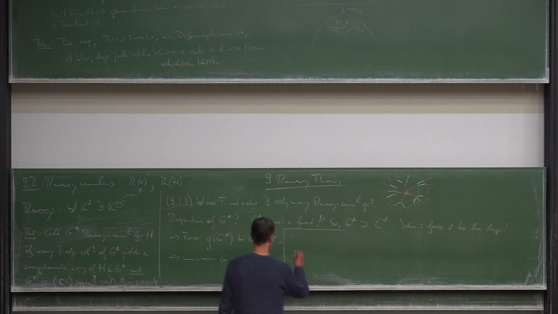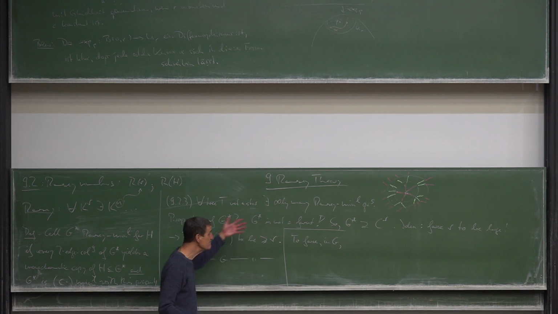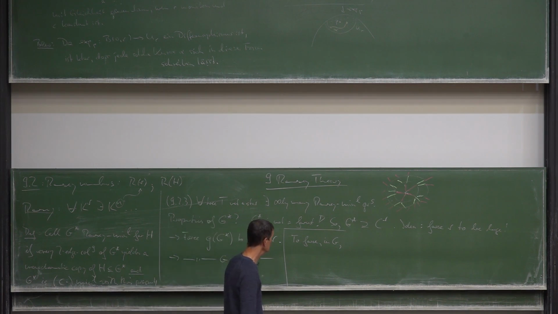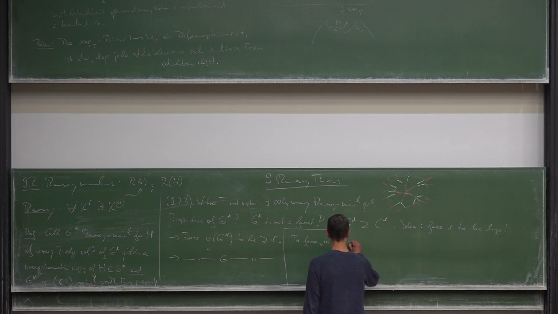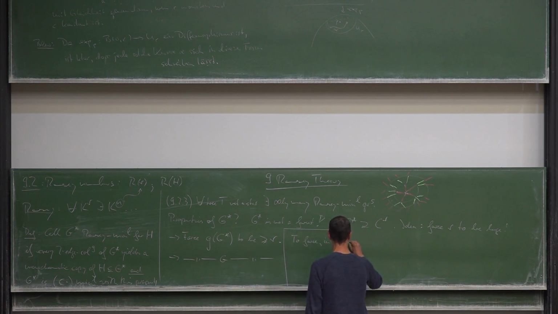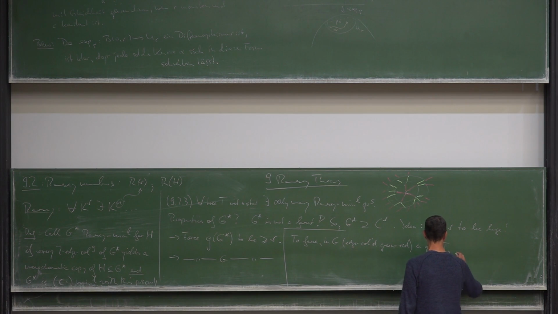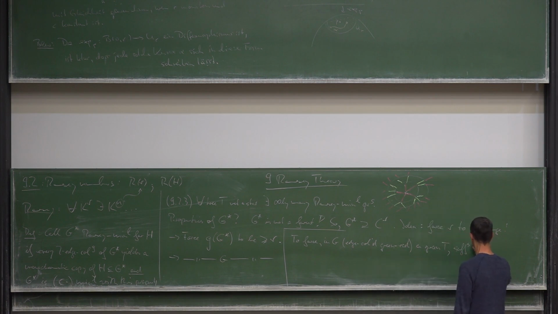So to force in some graph G, so G is any big graph, it will later have girth at least R, to force in G a green-red edge-colored, a green T, it suffices to have what?